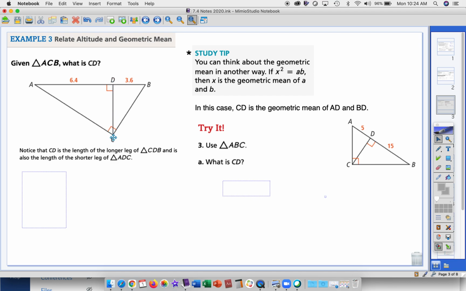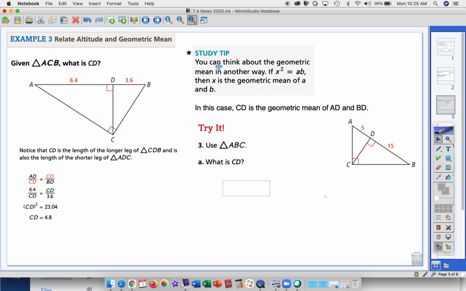So again, this now would be the short, and 6.4 is the long. So we can set up a proportion. AD over CD is equal to CD over BD. Fill in the values. We end up with CD squared. Taking the square root, we get 4.8.